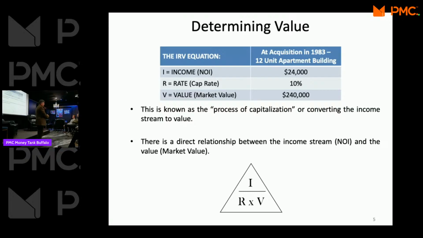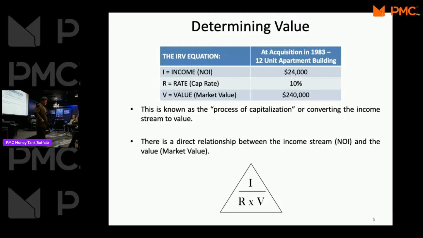We add our other income in, like laundry. Rental income, less vacancy, credit loss, plus other income gives us our gross operating income at that point.